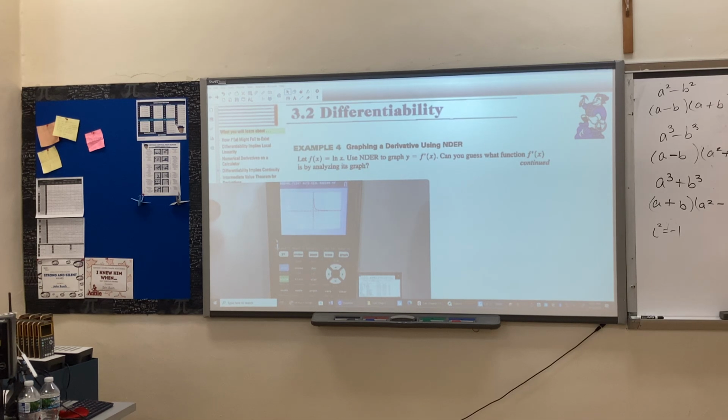Do you have a guess as to what the derivative of the natural log of x is? Look at the table. If I plug in a 1, I get a 1 out. If I plug in a 2, I get a 1/2 out. A 3, a 1/3 out. A 4, 0.25, a 1/4. What function is that?